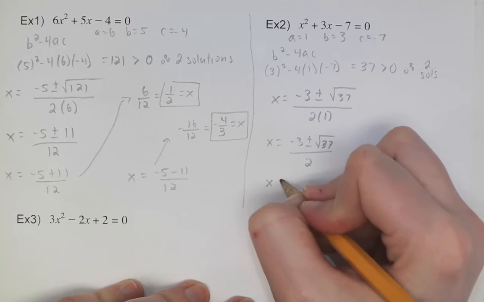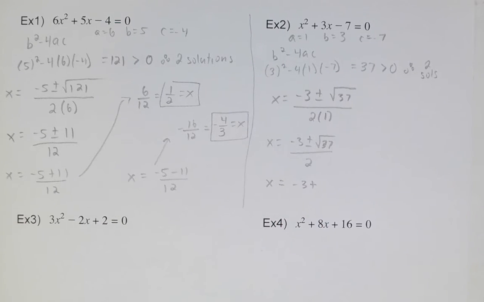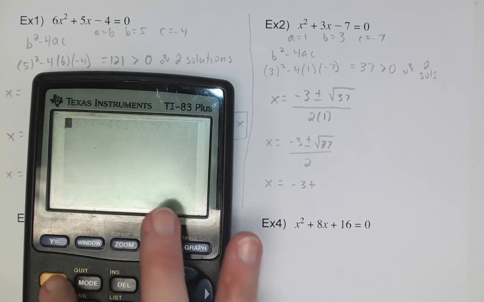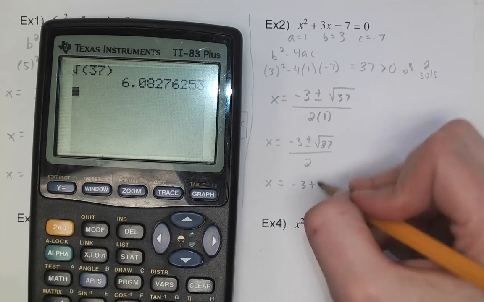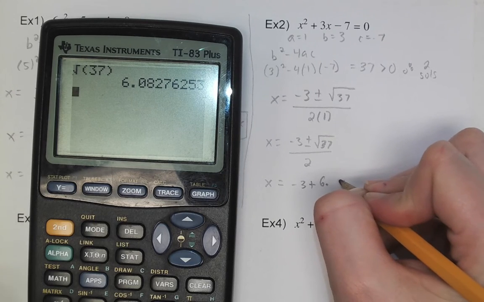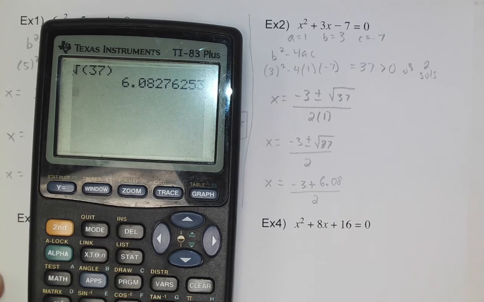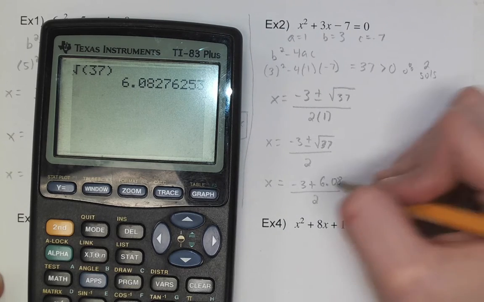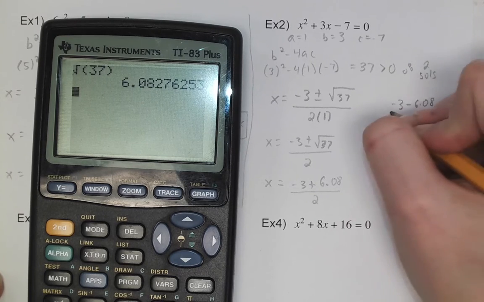So I'm going to have x equals -3 plus, let's look at what the square root of 37 is. That is going to be 6.08 over 2. And then I also have to have the other half, so that's -3 minus the 6.08 over 2.